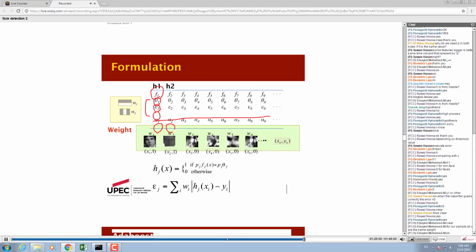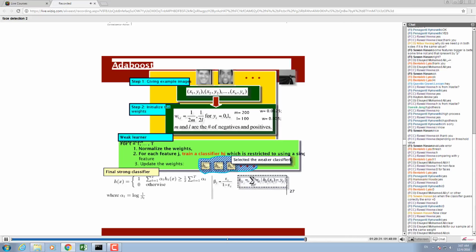The weight can be changed for some samples, not all the samples in the same way. So finally, they will have different weights as we continue the training iteration. Okay, let's go to the next page.